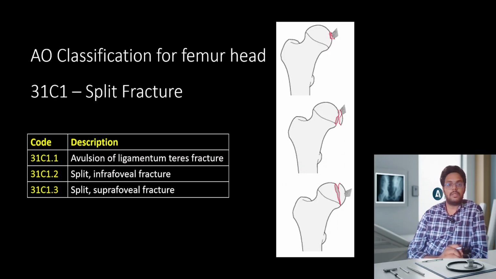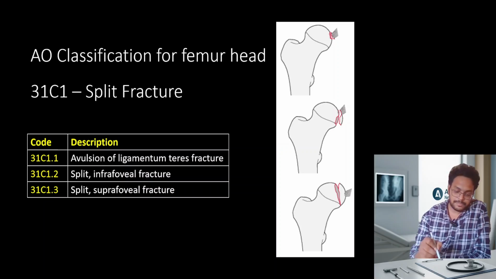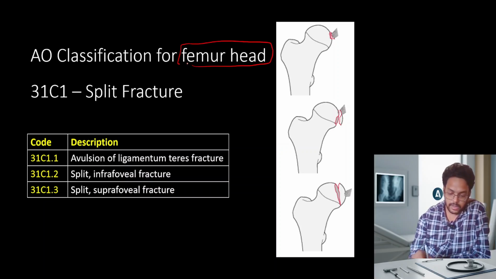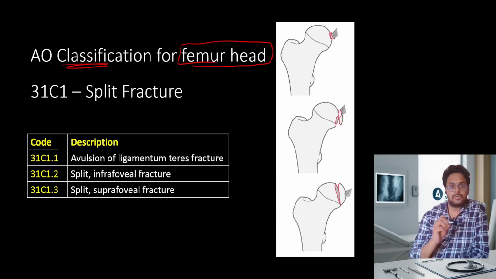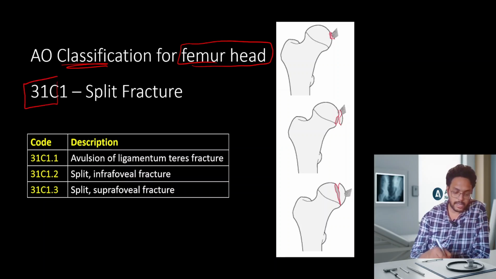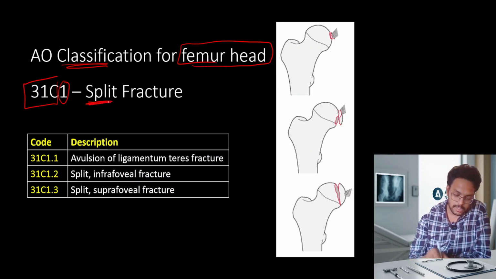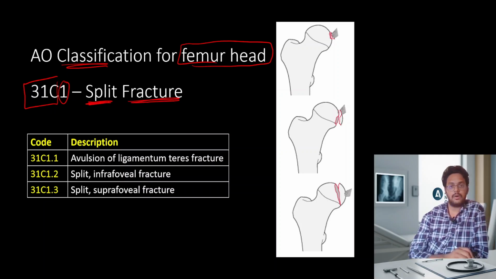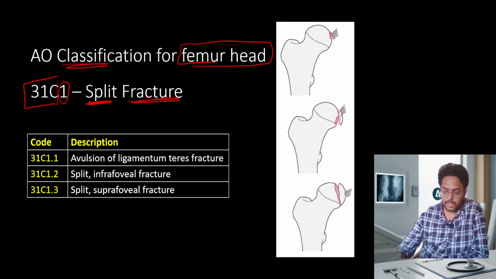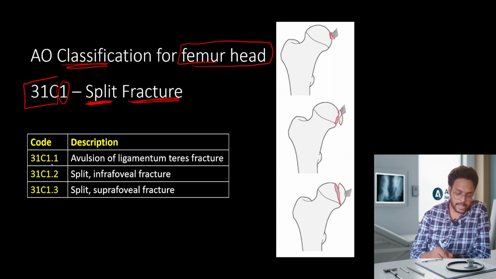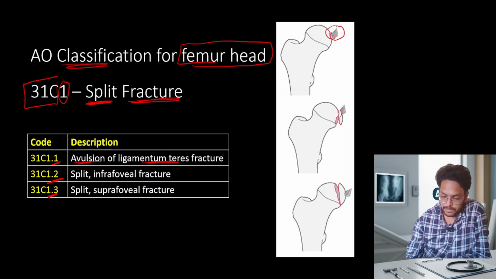Coming to 3-1C, that is the femoral head AO classification. 3-1C again has 3-1C1, which is split fractures. In C1 also it has C1.1, C1.2 and C1.3. First is avulsion of the ligamentum teres, where only the ligamentum teres part is getting avulsed.